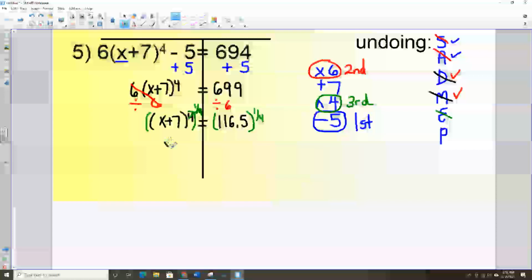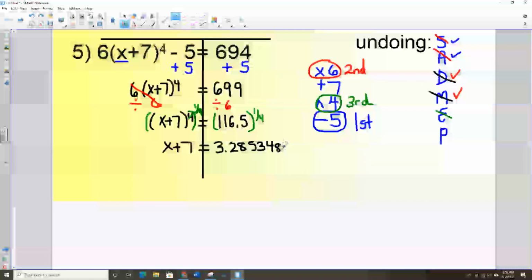Hoping I got my math right. I got x plus 7. And then when I put that little bugger in my calculator, I got 3.285, and it just keeps going. There we call it irrational.